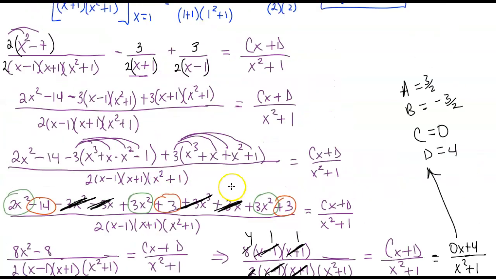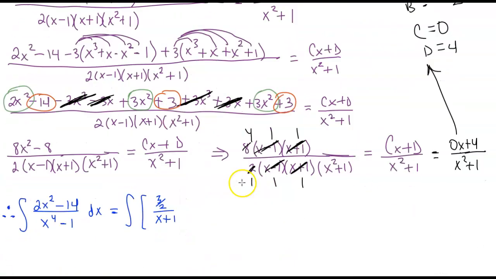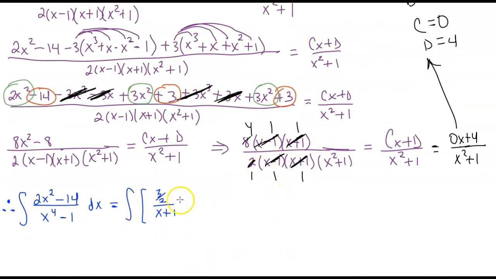And let me make sure that that's right. Yep. And then we have a minus 3 over 2 divided by x minus 1. Then we have the plus 4 divided by x squared plus 1. And so now from here, it's pretty smooth sailing from this point.